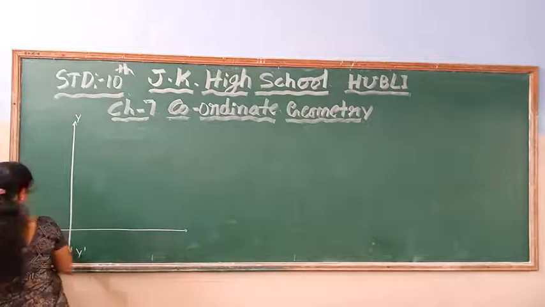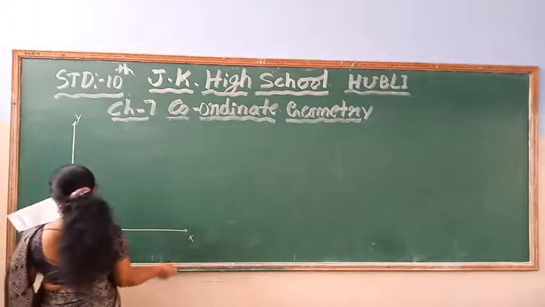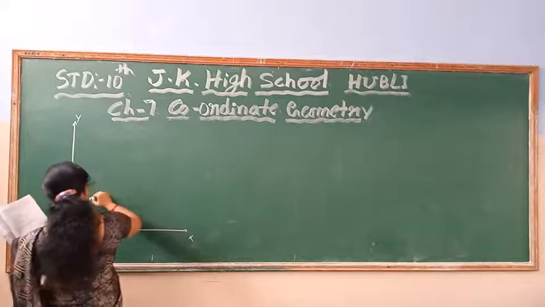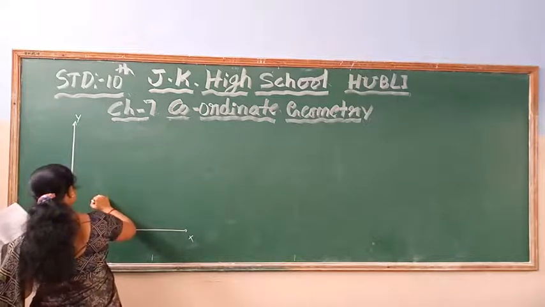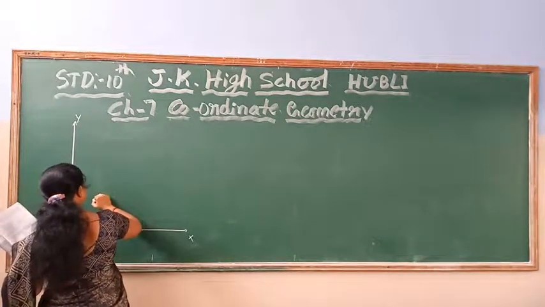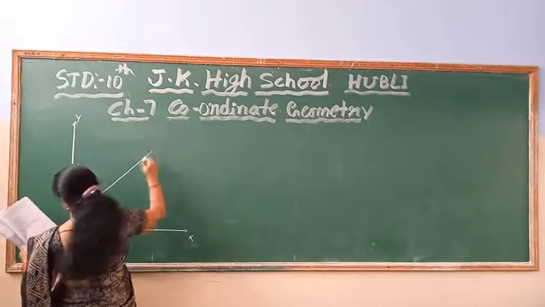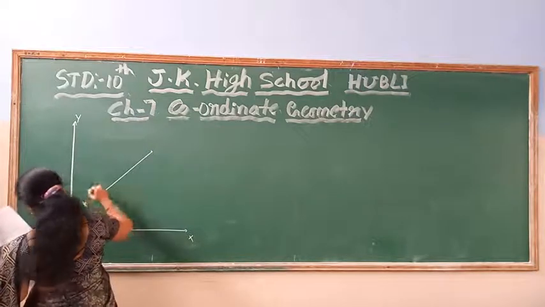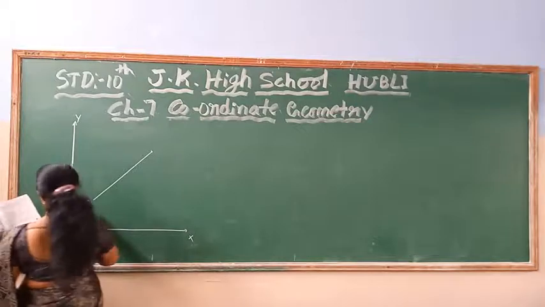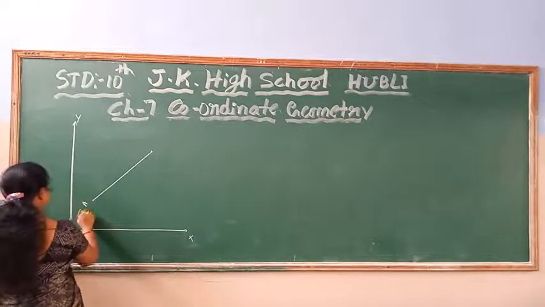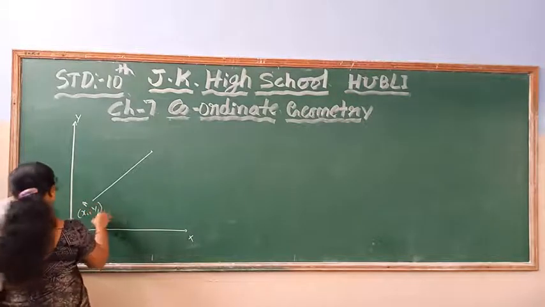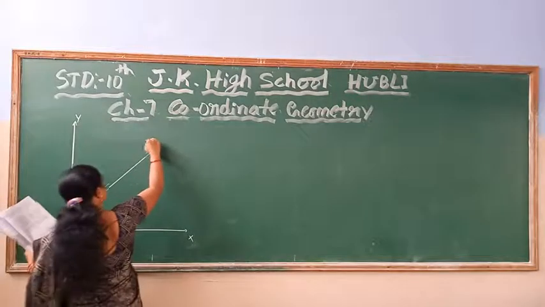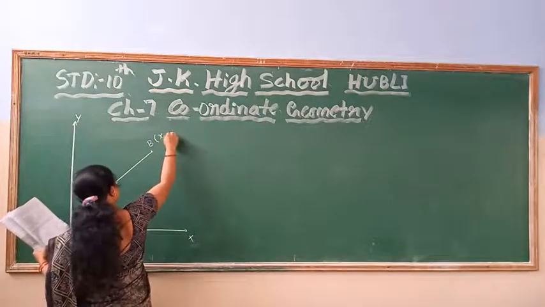Here is one line AB, the line joining two points. Let A be one point. Let the coordinates of point A be x1, y1, and let the coordinates of B be x2, y2.